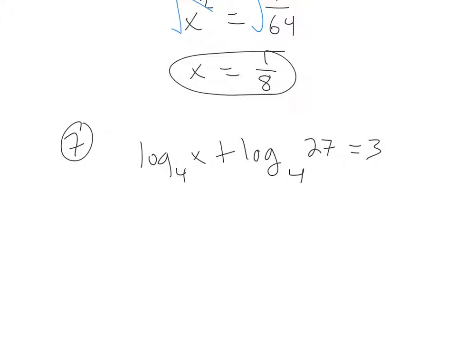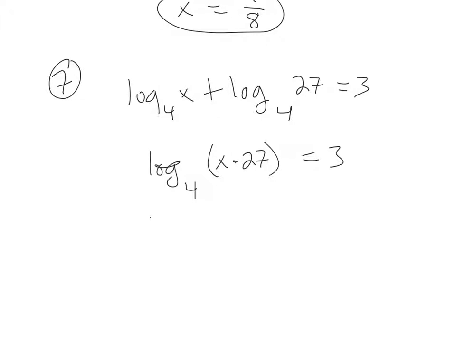Basically, log base 4 of x plus log base 4 of 27 becomes log base 4 of x times 27. This is called the product rule of logarithms. We can split it up into addition if we were to think about going backwards. So with that said, let's simplify a little bit. You've got log base 4 of 27x, and that's equal to 3.